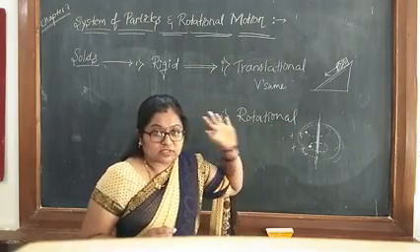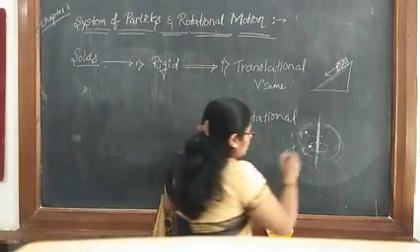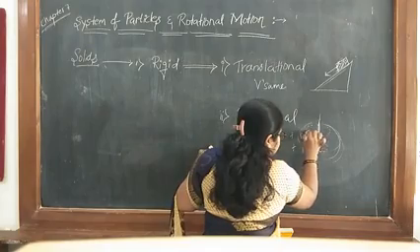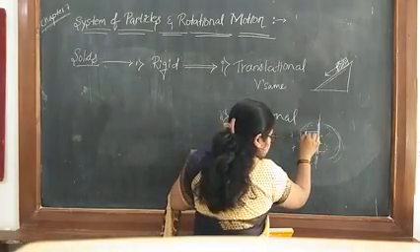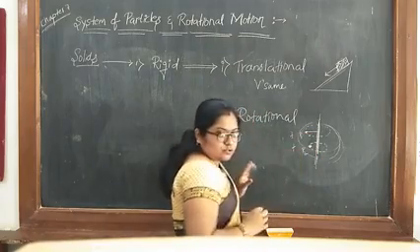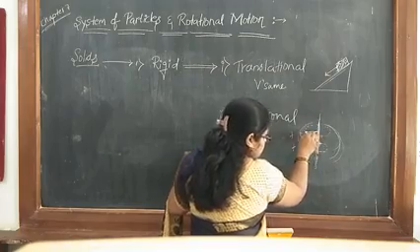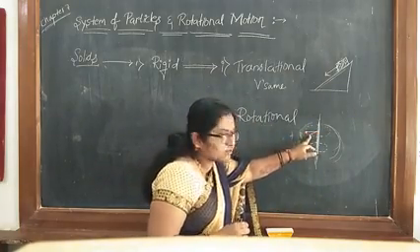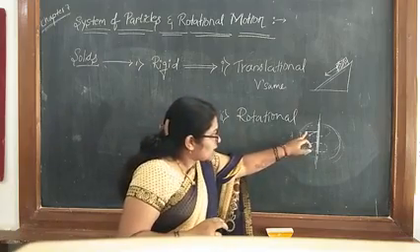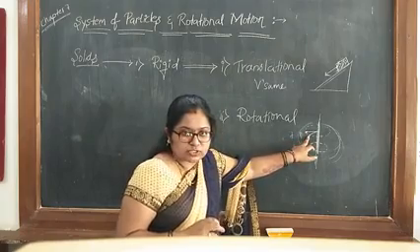In the chapter on circular motion you may have studied angular velocity, omega. If this particle is at this position now, after 1 second it comes here. Understood? It means in 1 second this particle has covered this much distance, that is the displacement from this position to this position.